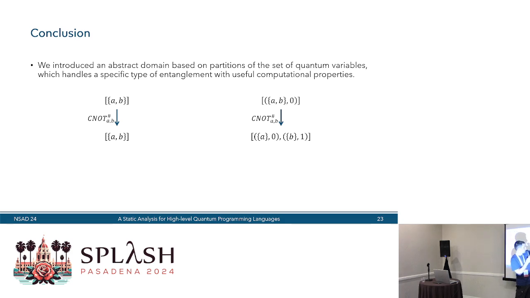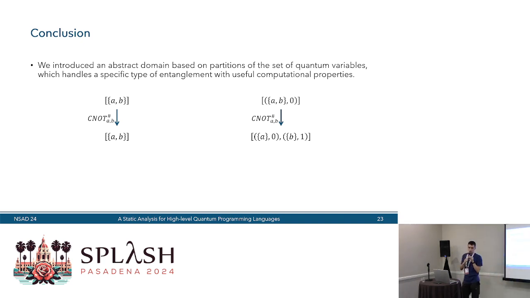But if we add the information of the direct inseparability, we know when an operation like a C0 nullifies the entanglement. So in this case, with the richer domain, we know that with this operation, we pass from the state in which A and B are inseparable and direct inseparable to the state in which A and B are separable.